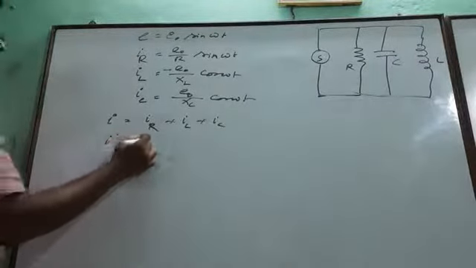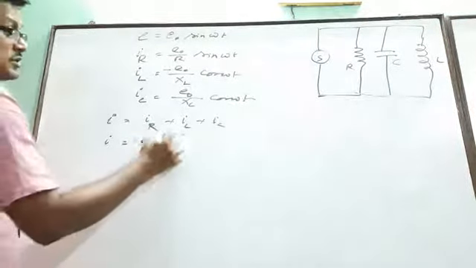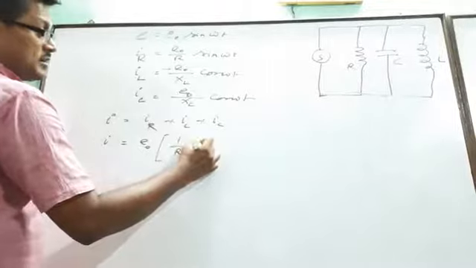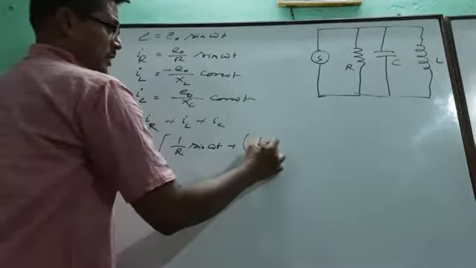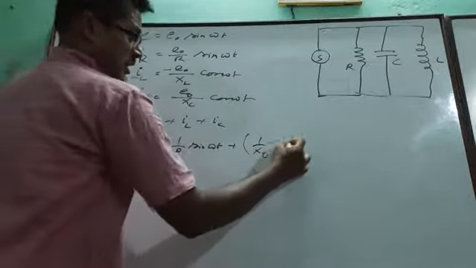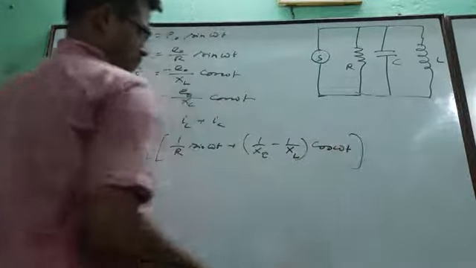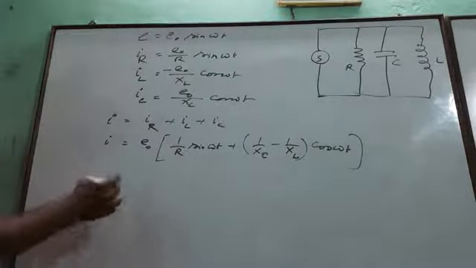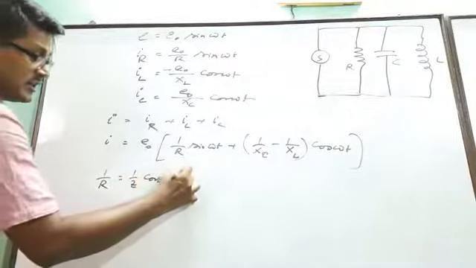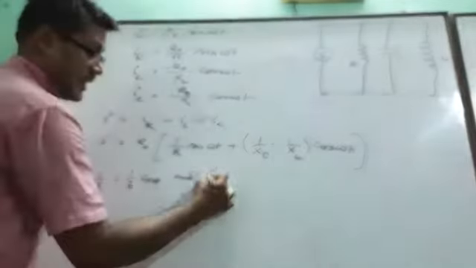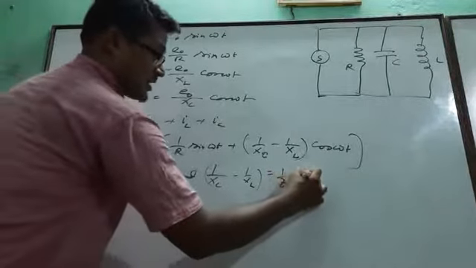Then I equals, we are getting here, E naught times 1 by R sin omega t plus 1 by XC minus 1 by XL cos omega t. Now I am considering 1 by R equal to 1 by Z cos theta and 1 by XC minus 1 by XL equal to 1 by Z sin theta.